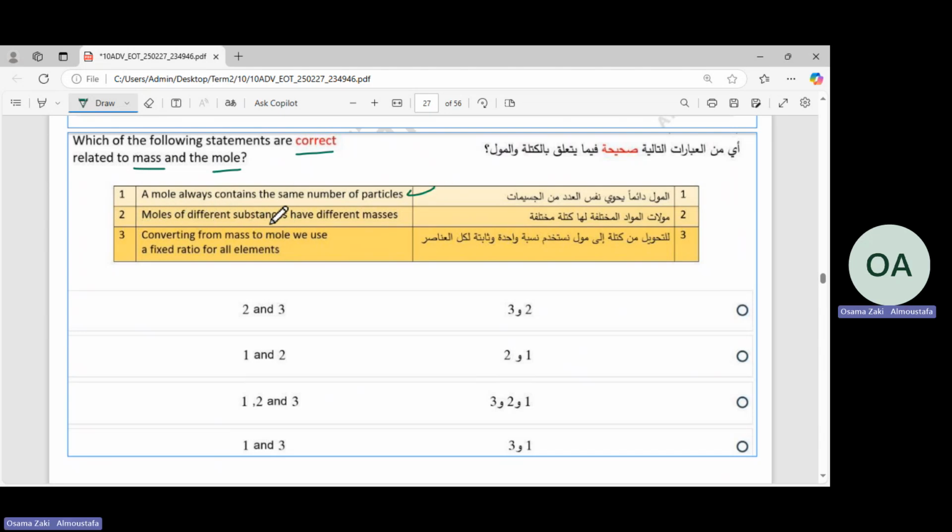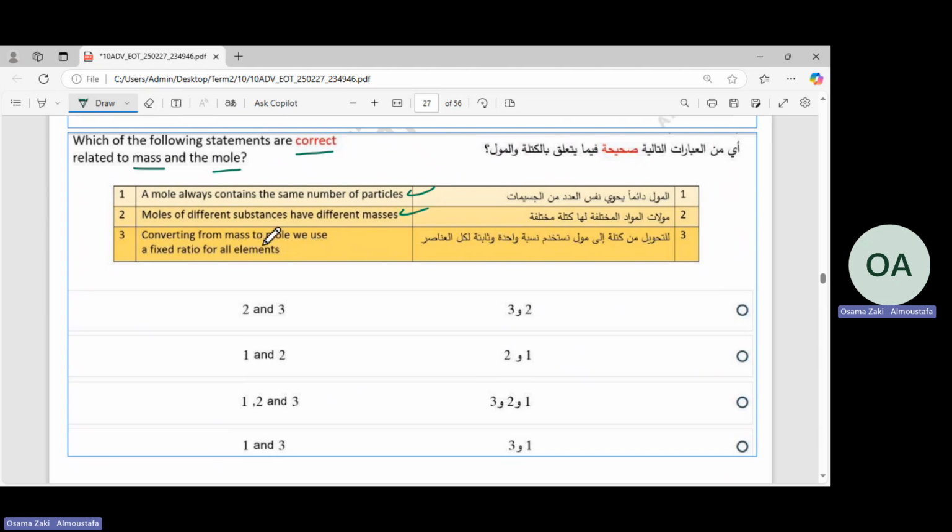Moles of different substances have different masses, because that depends on the particle itself. For example, 6.02 times 10 to the power 23 particles of carbon have a different mass than the same number of aluminum or chlorine particles. So this is correct.